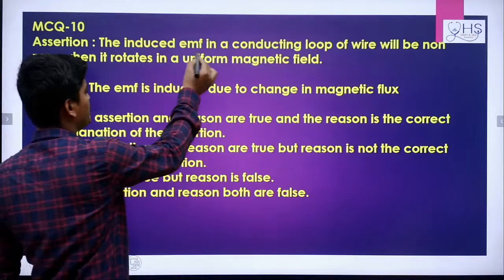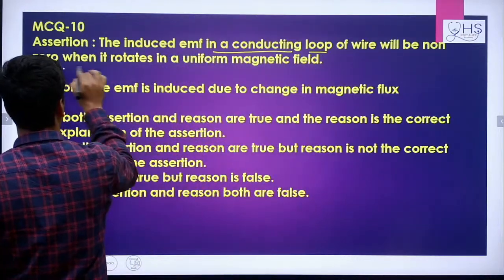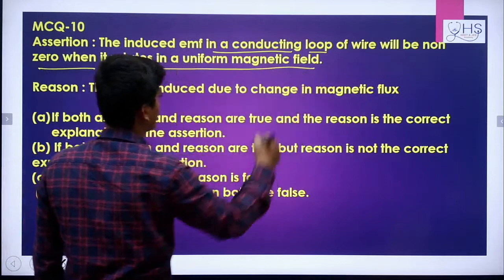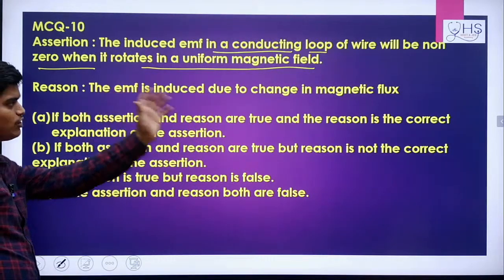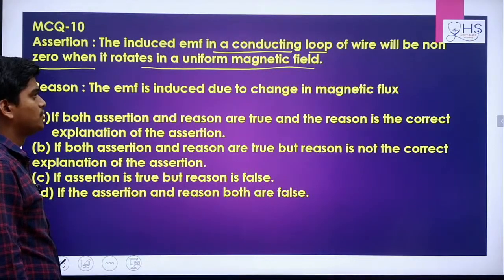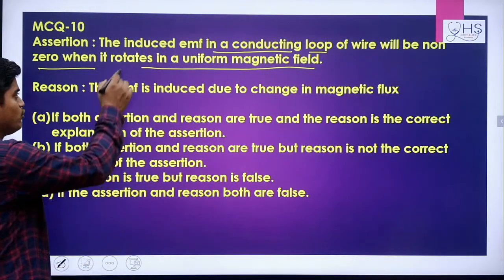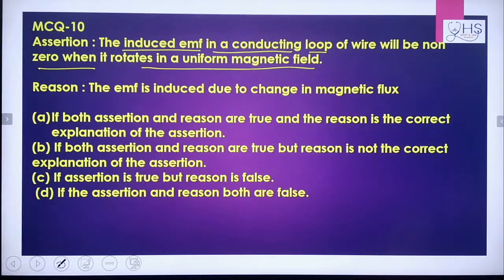Induced EMF in a conducting loop of wire will be non-zero when it rotates in a uniform magnetic field. Okay, that means they are telling a conducting loop is there and it is rotating in a uniform magnetic field. So there will be one induced EMF. It is actually a correct statement. If there is a flux change, then definitely there will be induced EMF.